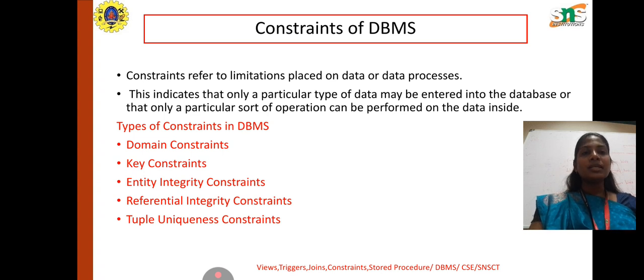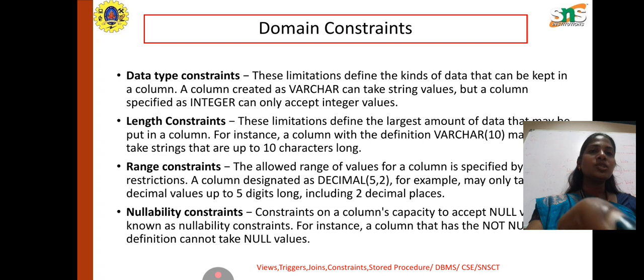The types of constraints are domain constraints, key constraints, entity integrity constraints, referential integrity constraints and tuple uniqueness constraints. These are some types of constraints. Constraints are nothing but conditions we apply for fetching data from a huge database. For that purpose we use constraints in a database management system.